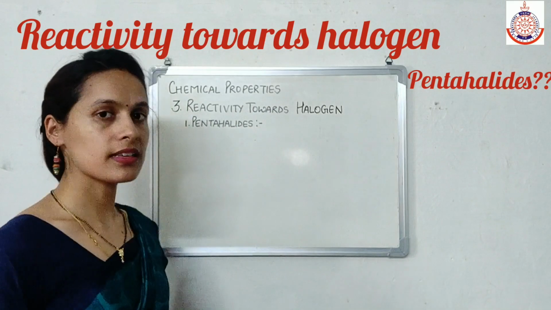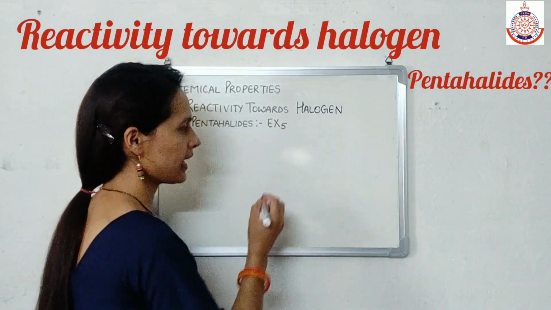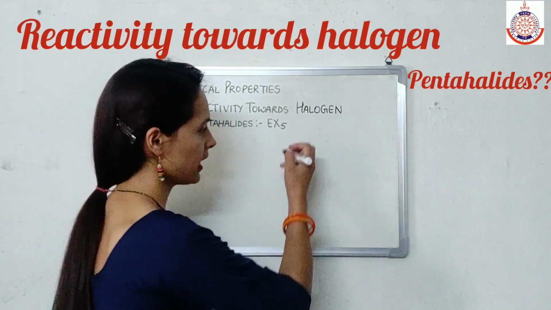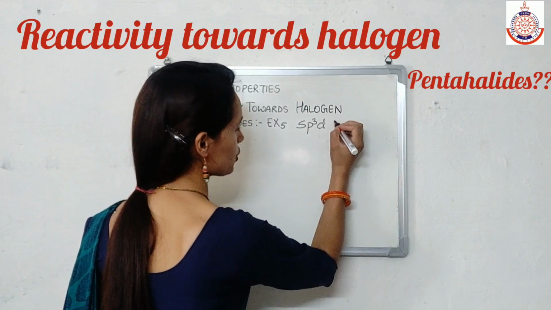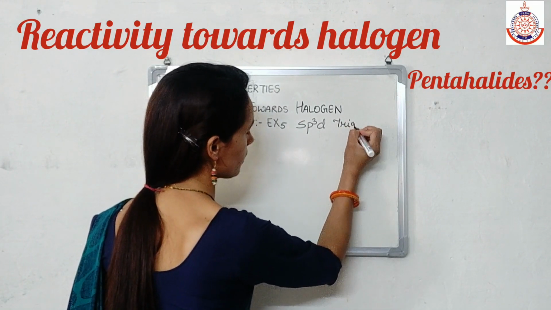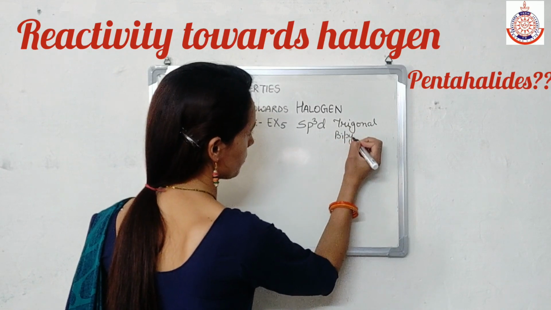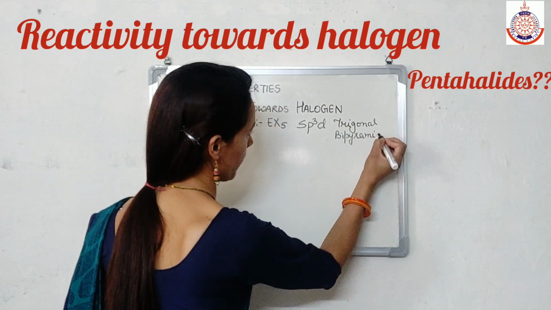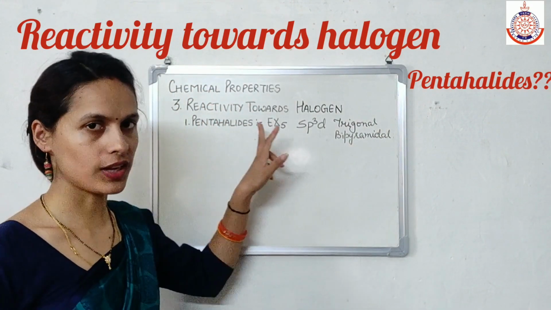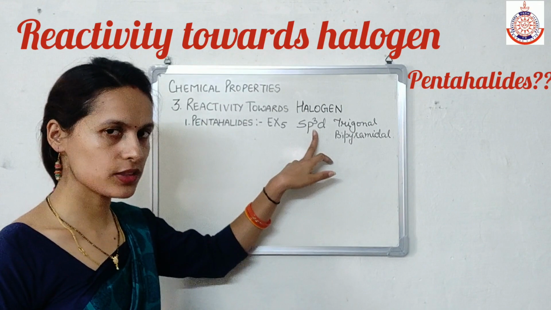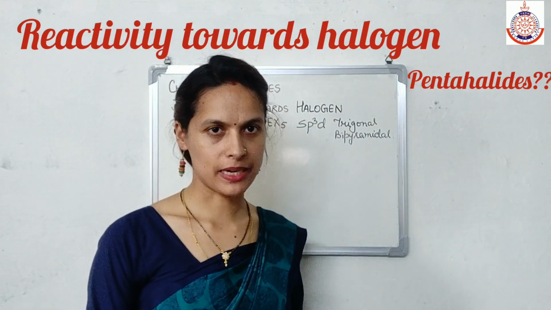These pentahalides have the general formula EX5, the hybridization is sp3d and the shape is trigonal bipyramidal or triangular bipyramidal. Clear? Pentahalides, general formula EX5, sp3d hybridization and the shape is trigonal bipyramidal.